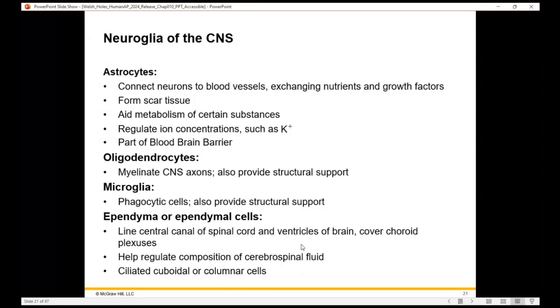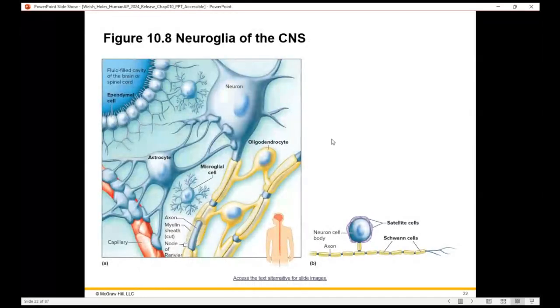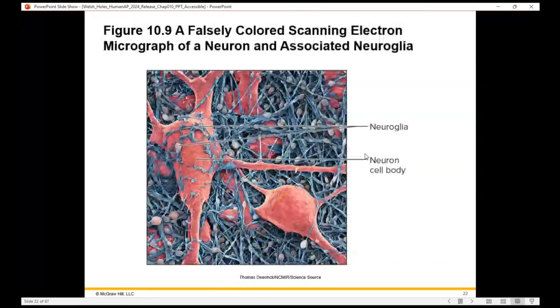The ciliated cuboidal or columnar cells are a part of these. This figure shows you the different neuroglia of the central nervous system. This figure shows you falsely colored scanning electron micrographs of a neuron and associated neuroglia.